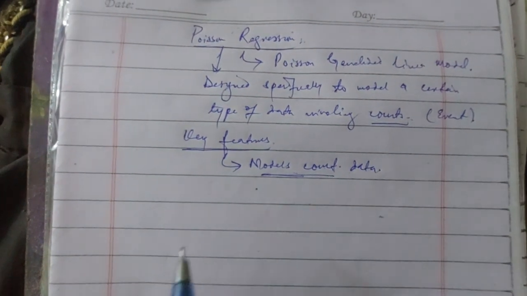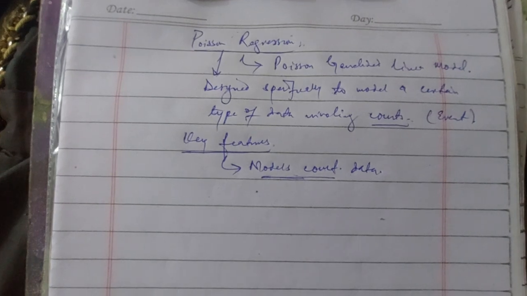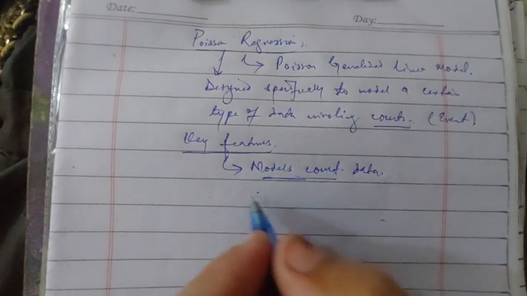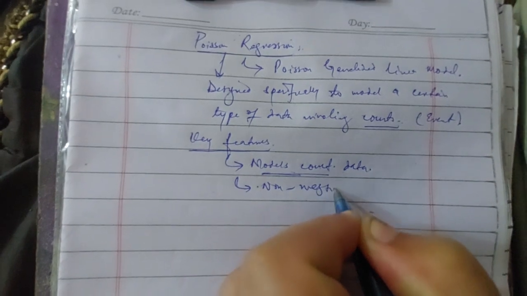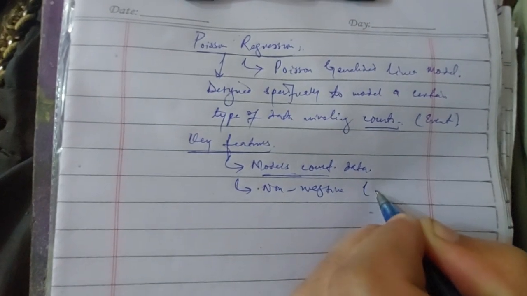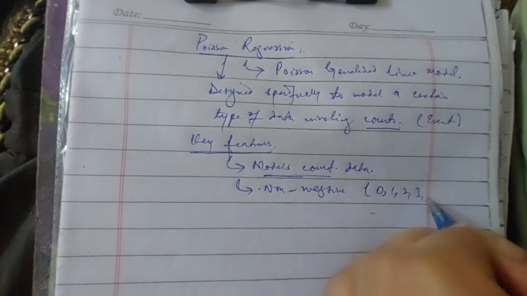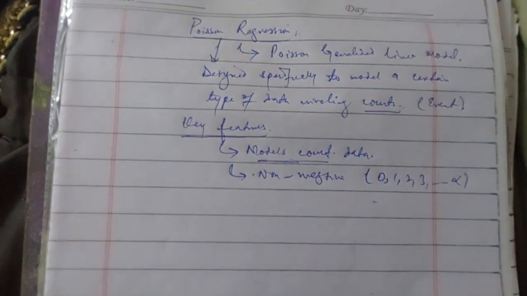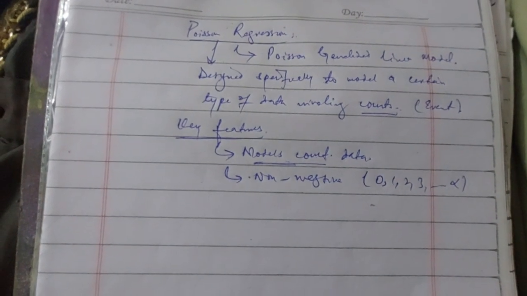This count data is non-negative. It can be either 0, or greater than 0 up to infinity, but it cannot be negative.